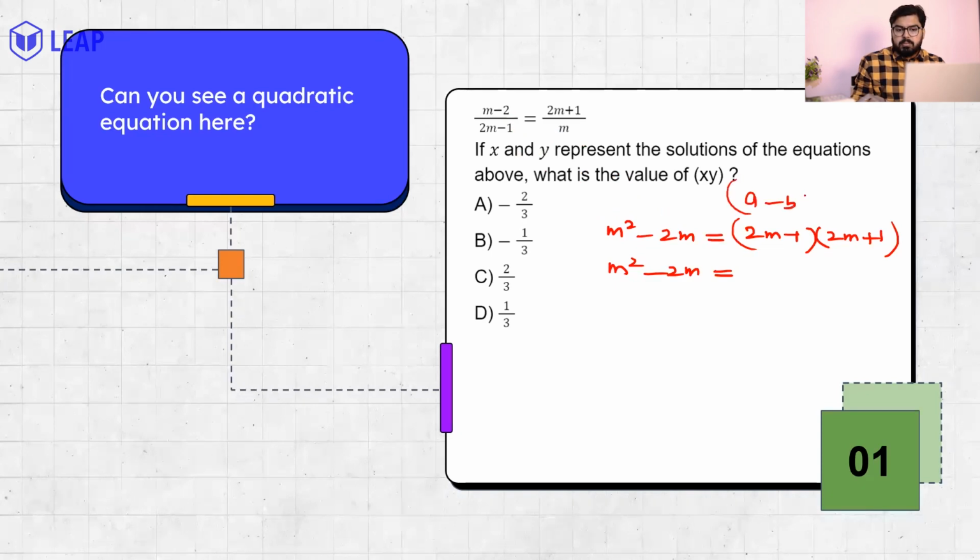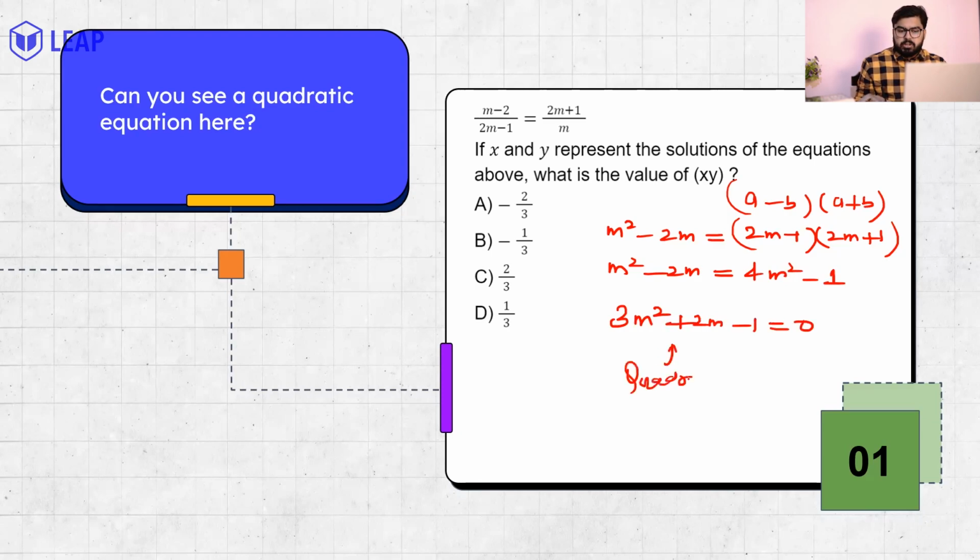Which is a square minus b square. Now you can bring all terms to one side. So 4m square minus m square is 3m square plus 2m minus 1 equal to 0. What kind of equation is it? It's a quadratic equation. Okay. Now what do we have to find? X and y.